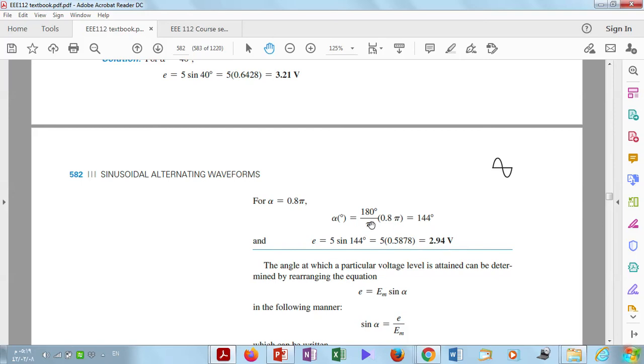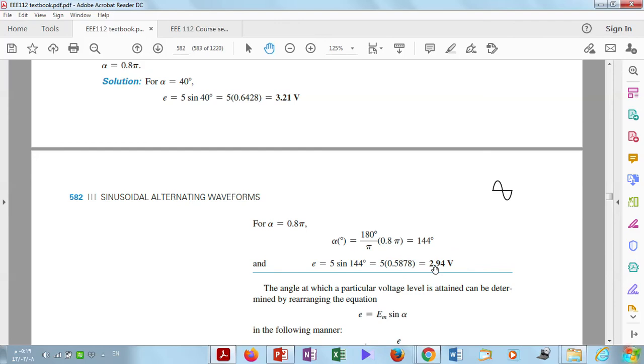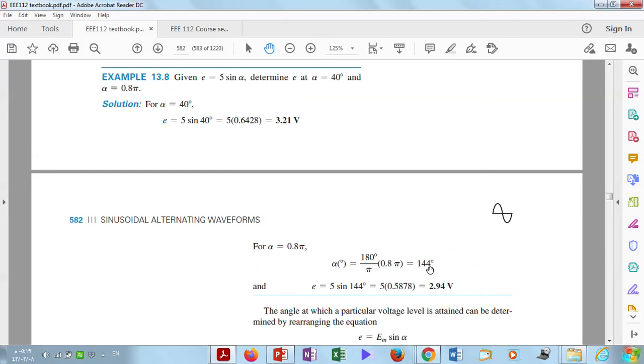See, when we change the value of the angle, the value of the voltage changes. It was 3.21 and now 2.94. And concentrate: if your final answer comes out more than the peak, your answer is wrong.